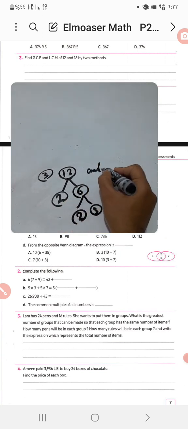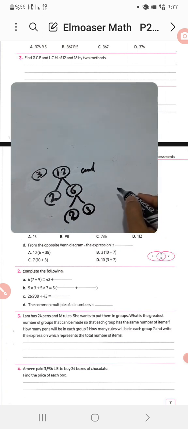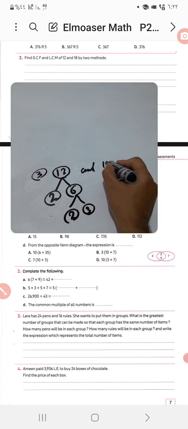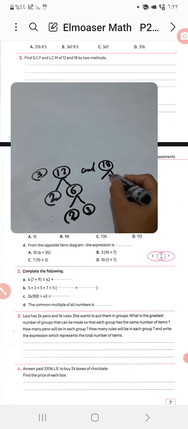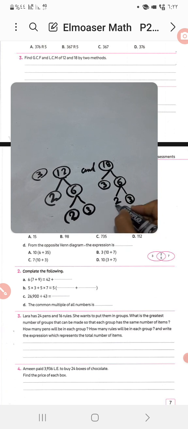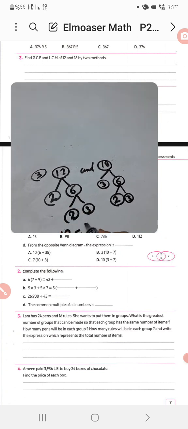And the next number, we have 18. 18 equals what? 3 times 6, and 6 equals 2 times 3. Then we can write 12 equals 2 times 2 times 3, and 18 equals 3 times 2 times 3.